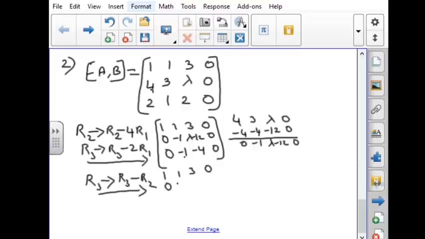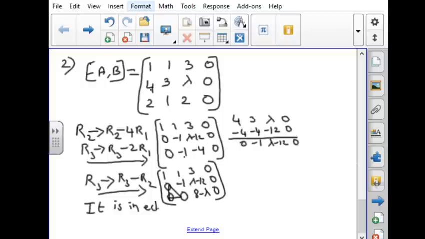Second row write as it is 0, minus 1, lambda minus 12 and 0, and here we get R3 minus R2, so 0, 0, minus 4 minus lambda plus 12. So you get 8 minus lambda, and this is 0. So now see here, it is in echelon form. We have got the triangle. So now we can find the values.